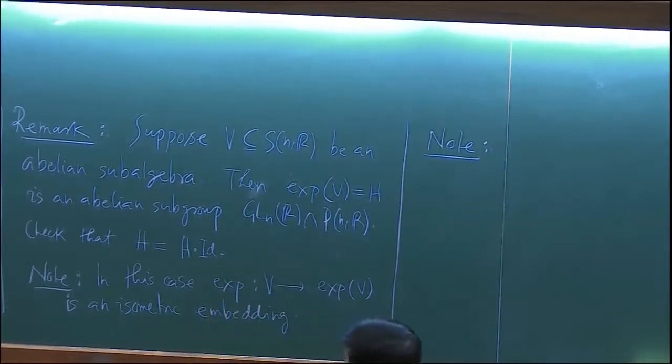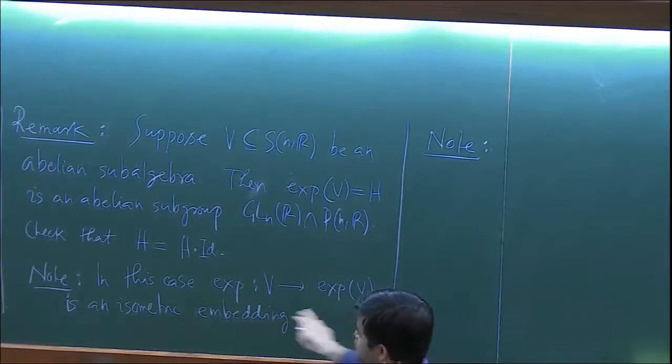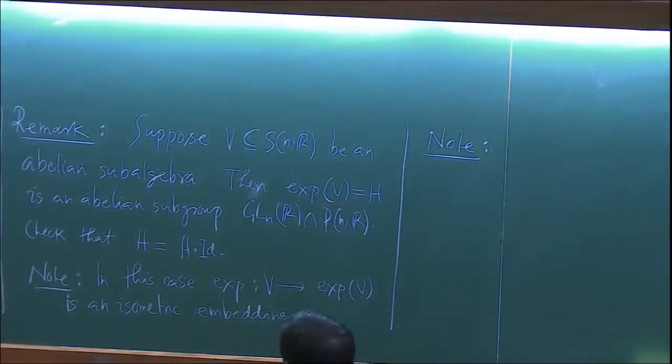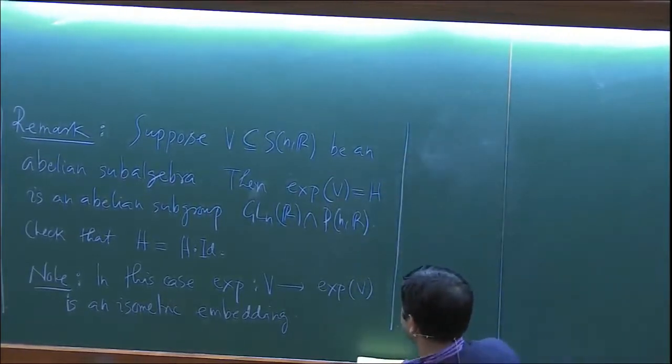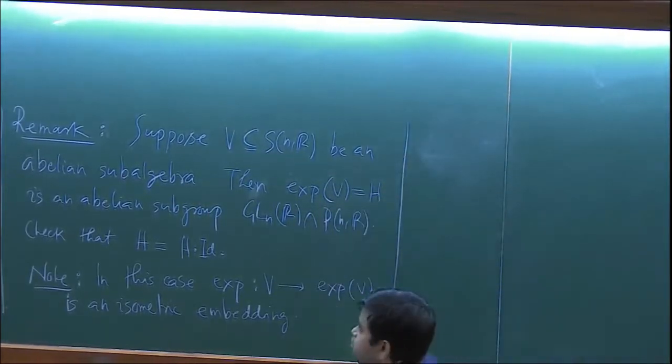V is inside the tangent space at the identity, so it has a metric. It's a Euclidean space, and because of that equality, this is an isometric embedding. The exponential of V is therefore isometric to some Euclidean space. This is true for any abelian subalgebra.